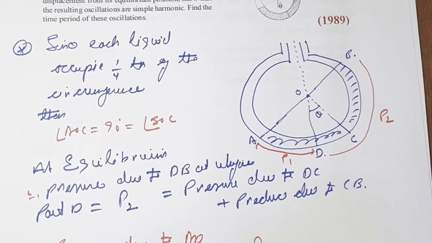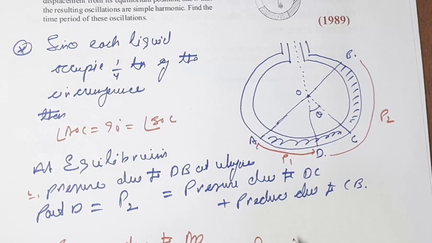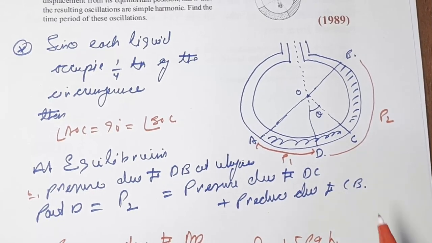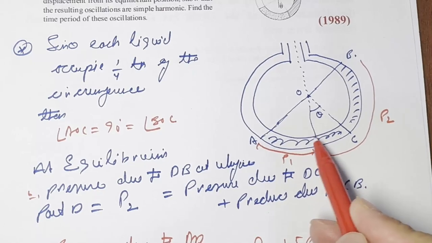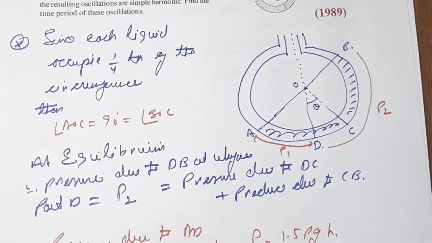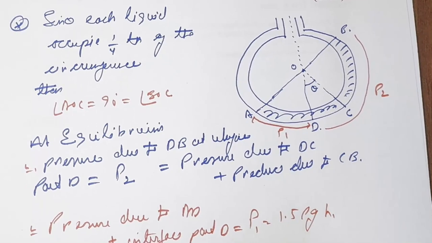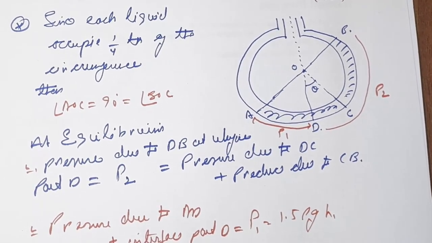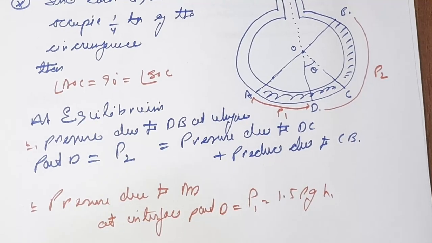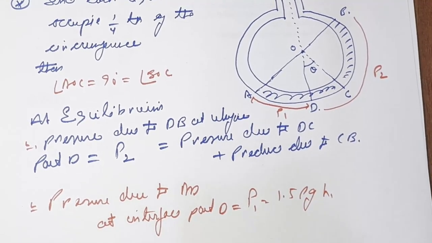So P1 will be equal to the density 1.5ρ times g times H1, where we suppose the height of this liquid is H1. We will draw the figure later on. For P2, let us first solve this P1.